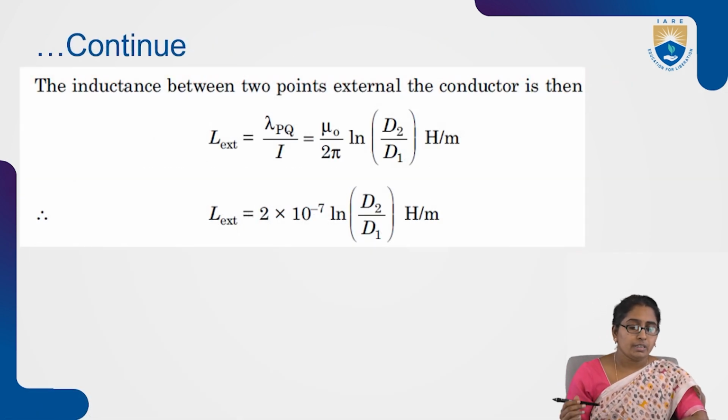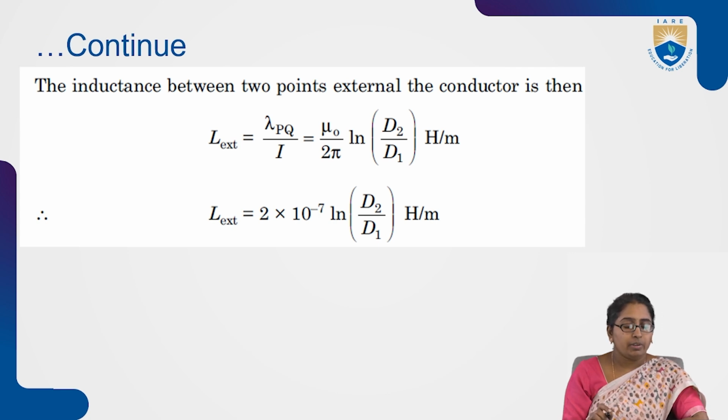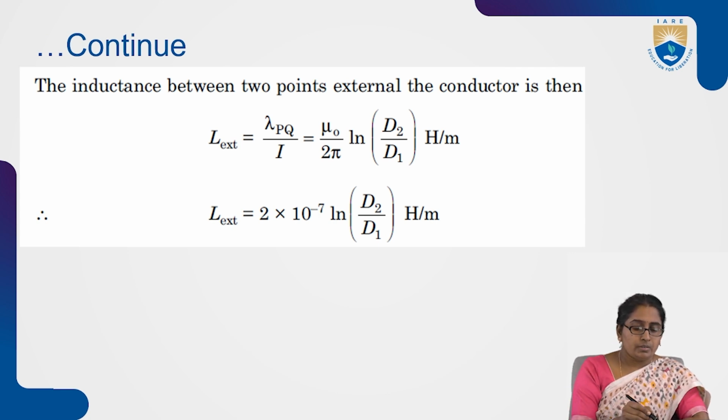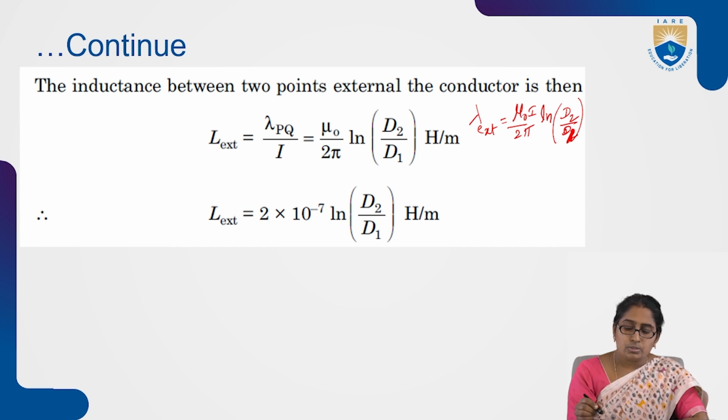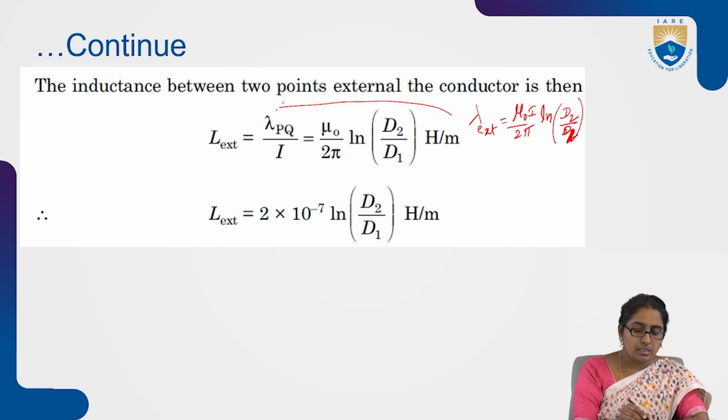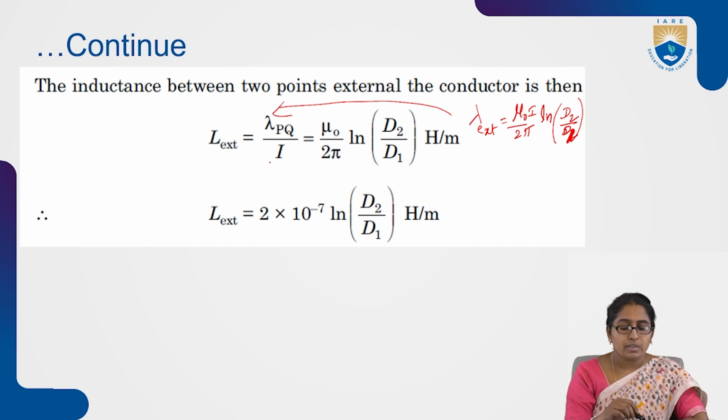So here we can directly see the inductance. The external flux linkages is given by mu naught I by 2 pi log base e D2 by D1. Now L is the ratio of flux linkages to the current, so mu naught into I by 2 pi, and I gets cancelled.